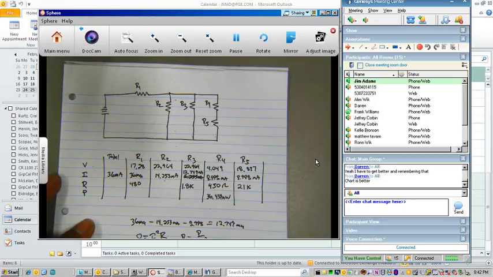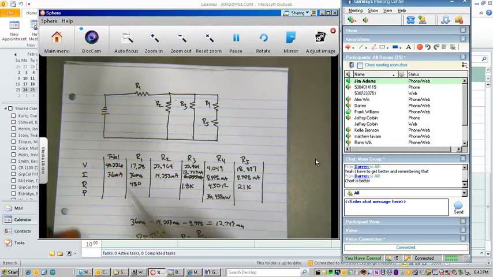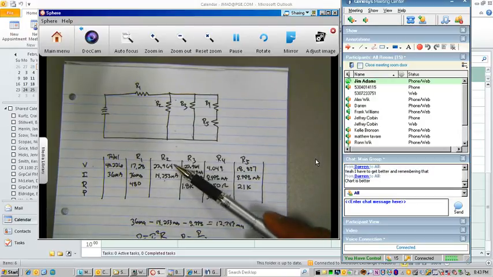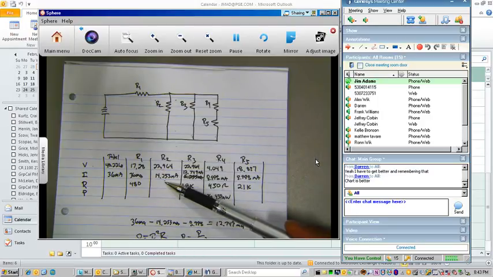Okay, the voltage across R3 equals the voltage across R4 plus the voltage across R5. Which means, what voltage do we have across R2? Same as R3. Yep, 22.964.